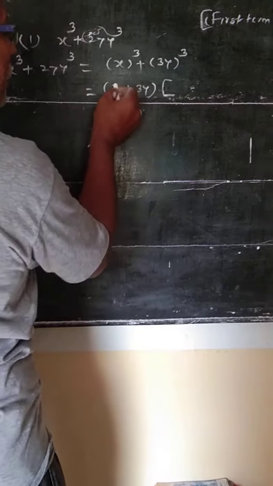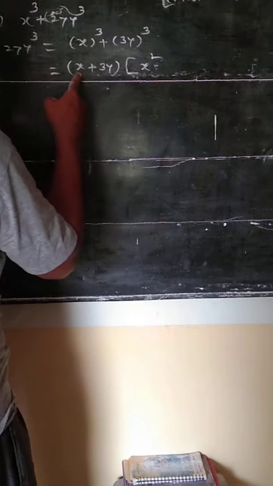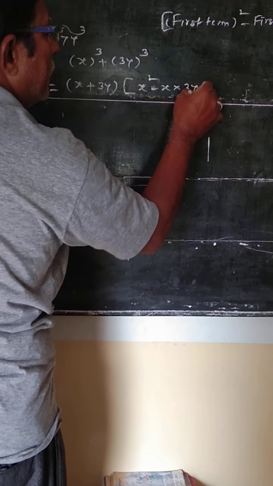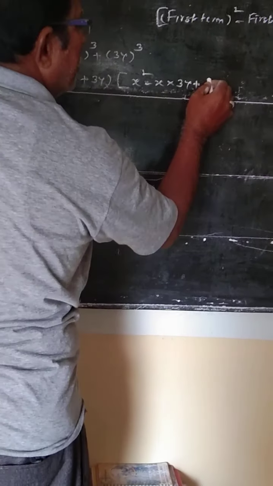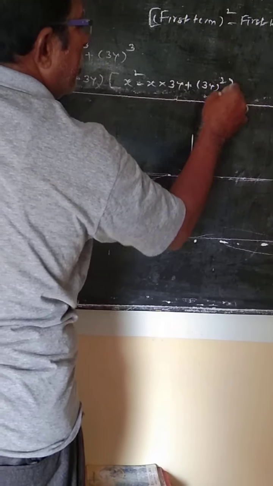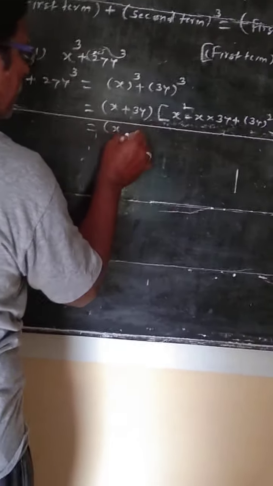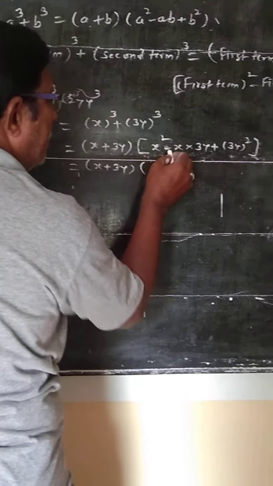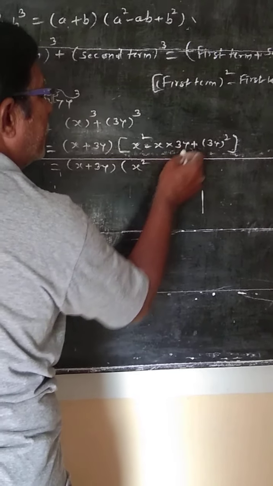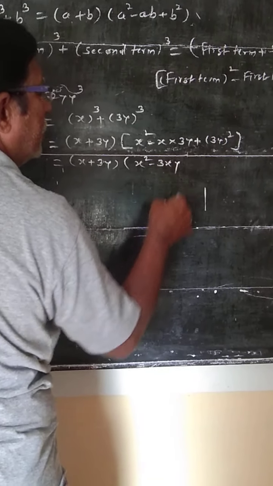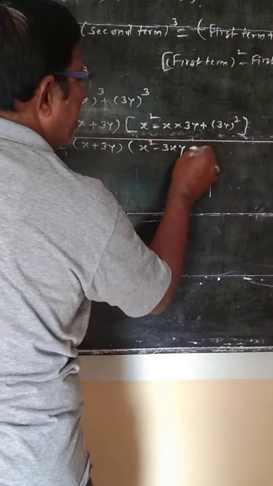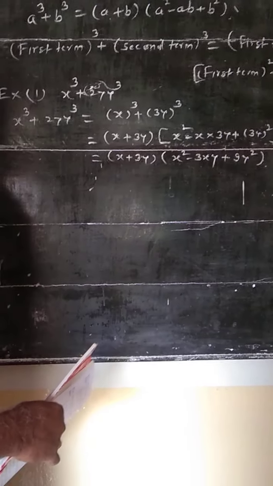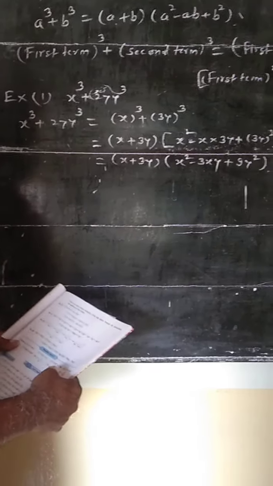In the second bracket, first term square, minus first term into second term, and plus second term square, (3y) square. Square bracket complete. Again take both brackets round: x plus 3y, and in the second bracket x square, minus x into 3y, minus 3xy, and the square of 3y is 9y square. These are the factors of x cube plus 27y cube.